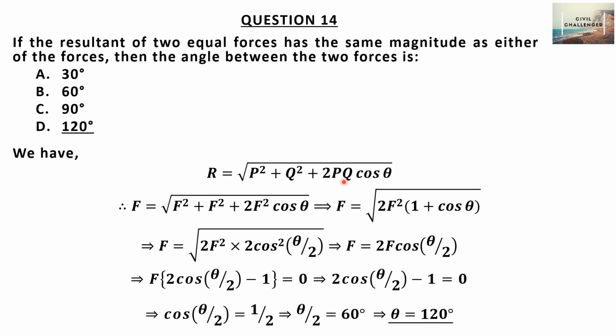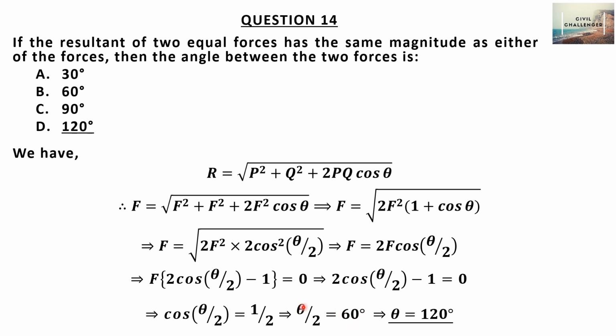Cosine is positive in first quadrant and fourth quadrant, which means that in 0 to 180 degree cosine is positive only in first quadrant from 0 to 90 degree, and in this quadrant the angle having its cosine as 1 by 2 will be 60 degree.